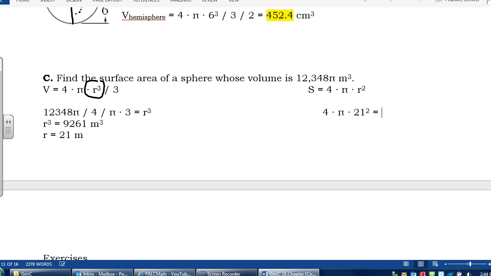And I get 5,541.8 square meters. If we wanted to leave this in pi units, I could say 1764 pi square meters.